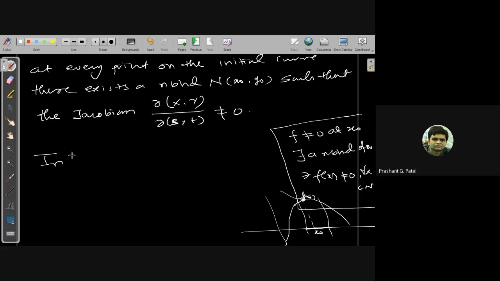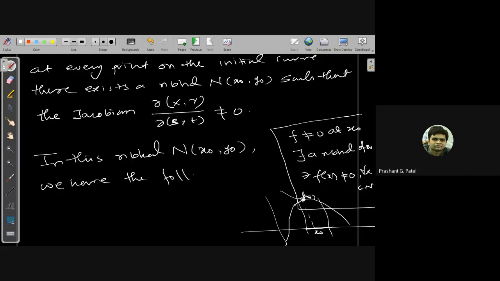So in this neighborhood N of (x0, y0), we have the following well-defined functions.